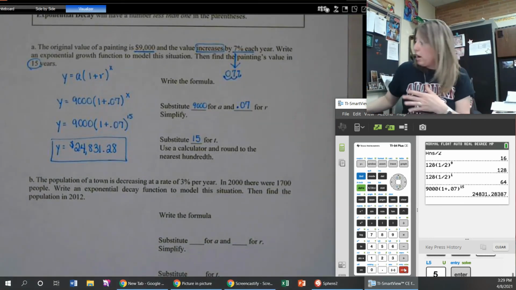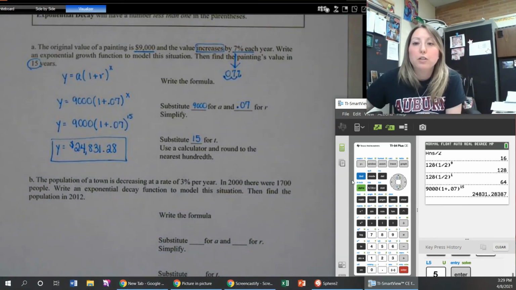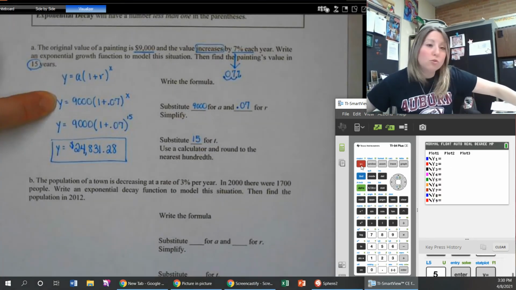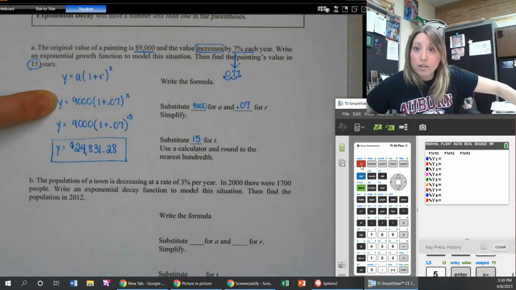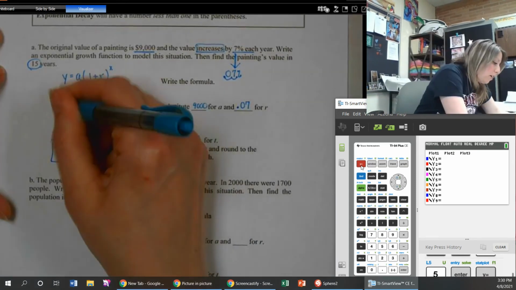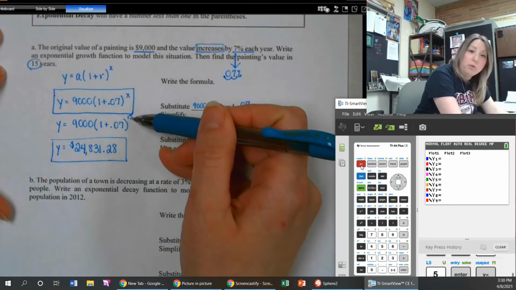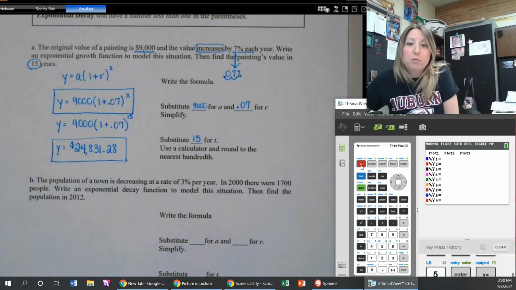The other way that you can do this is by going to y equals and typing in the general function right here. So remember, this was part of our answer, is we needed to see the general function, and then we substituted in the amount of time that's passed.